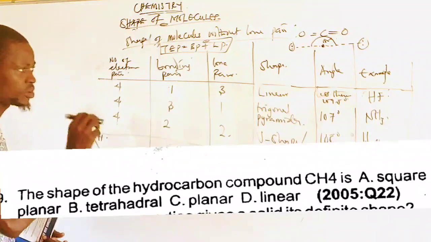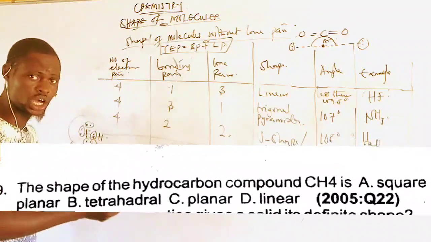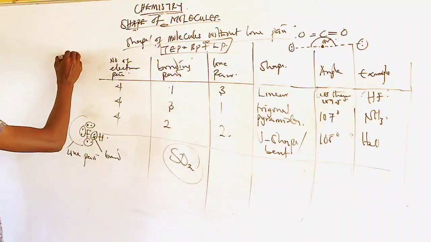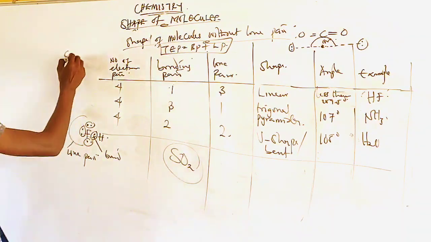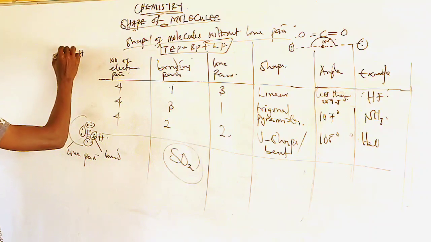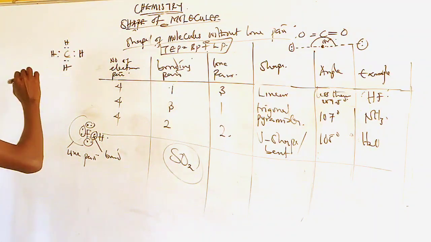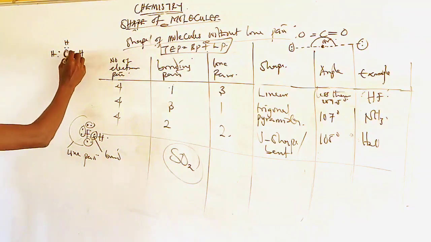Without wasting yourself memorizing all this, just draw the Lewis structure out. The Lewis structure of carbon is C. We have C, H, H, H, H. Because it has 4 electrons, which are bonded with what?